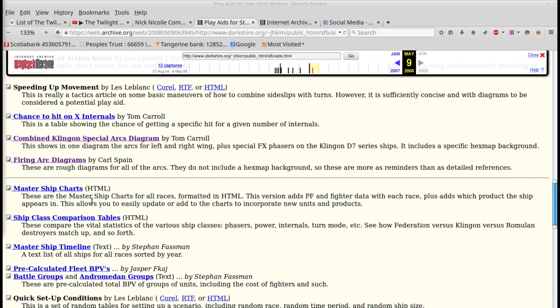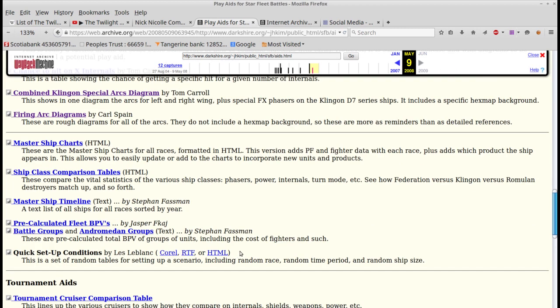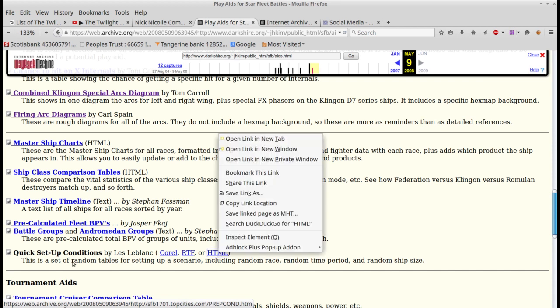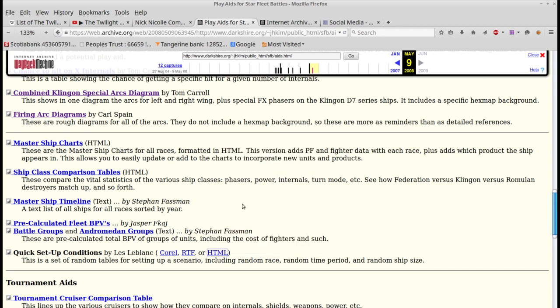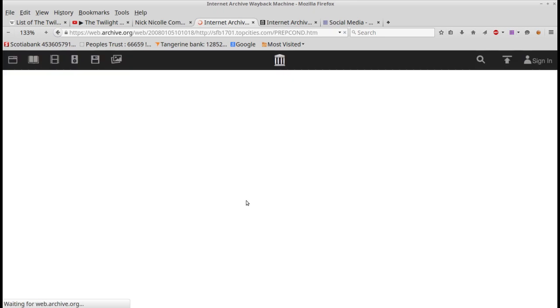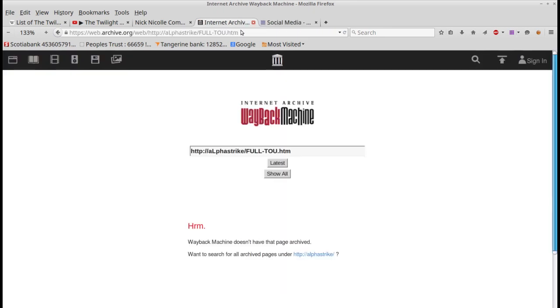So as I was saying, the Wayback Machine Internet Archive can be useful if you're looking for old Starfleet Battle stuff. One of the things you're going to need is the original address. So I know, for instance, this is quick setup conditions that's no longer there. But just because it's not coming up on the immediate link doesn't mean it's completely missing.